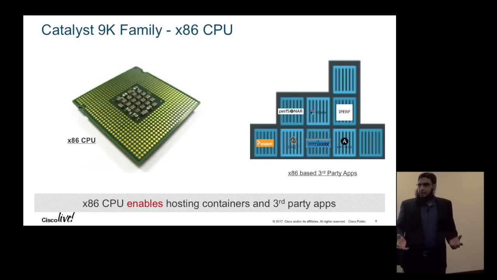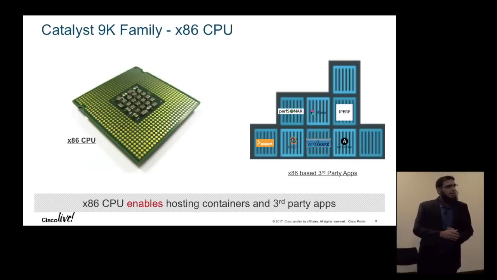But in this day and age, when we have a lot of different network applications coming from different developers, it's good to have an x86-based CPU, because then you can take an application off the shelf and start running it on the Catalyst 9K. You can run anything. Docker, containers, but you can also run Clash of Clans.